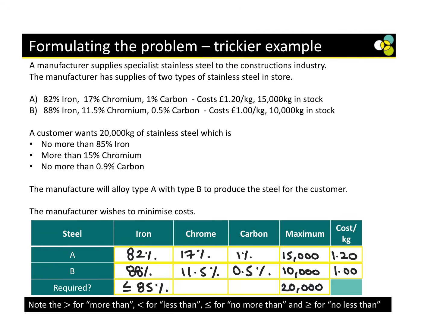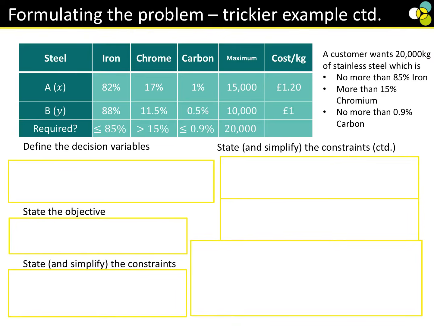No more than 0.9% carbon, so less than or equal to 0.9%. Perfect. The manufacturer will allow type A with type B to produce the steel for the customer. So this is what they want to do. We've put it in a nice table so it makes sense. So now we can start to formulate the problem.